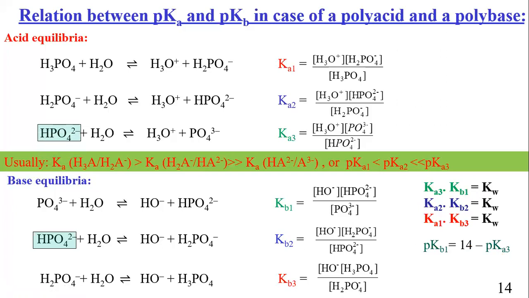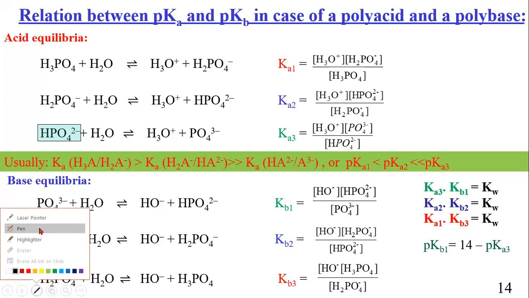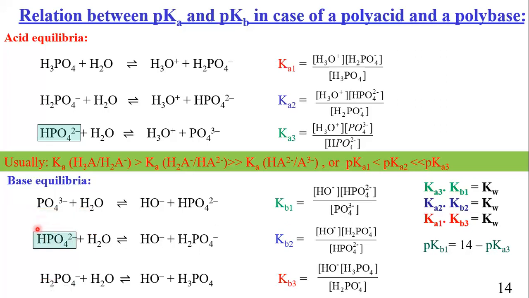All right. Just a briefing here. Let's look at this species for a moment. Concentrate on the HPO4 2 minus. Okay, wait a minute. Here, on the bottom here, it's acting as a base. But up here, it's actually, what is it? Is it an acid or is it a base? It's actually amphoteric.